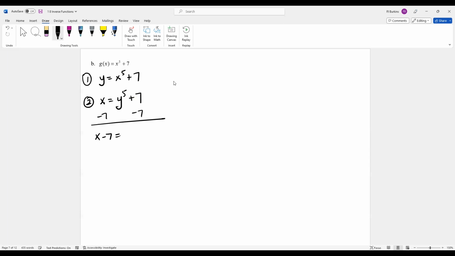So I get x minus 7 equals y to the 5th. Then to get rid of to the 5th power, what I need to do is take the 5th root. So 5th root of x minus 7 is equal to y. All right. Then last step is to change y into f inverse.